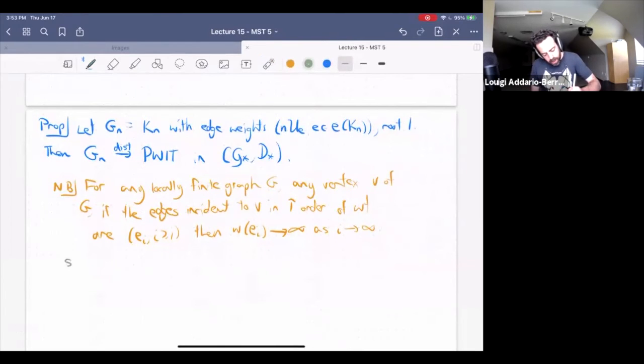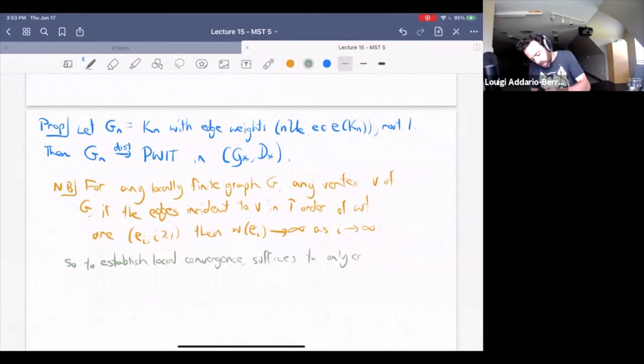So that is to say, to establish local convergence, it suffices to only consider boundedly many neighbors of each vertex.